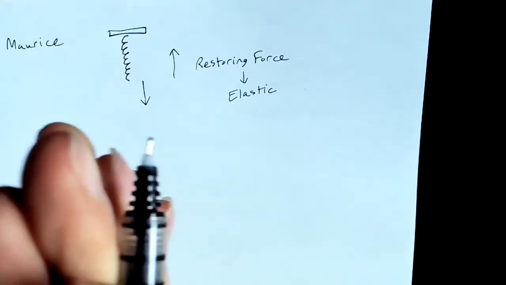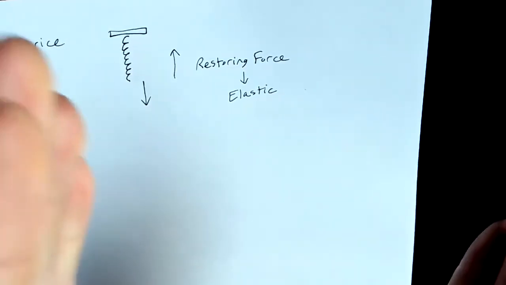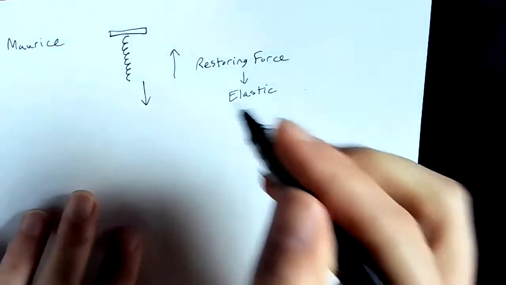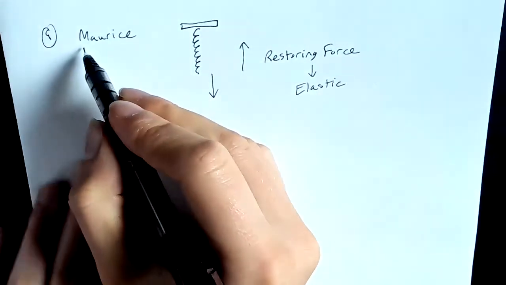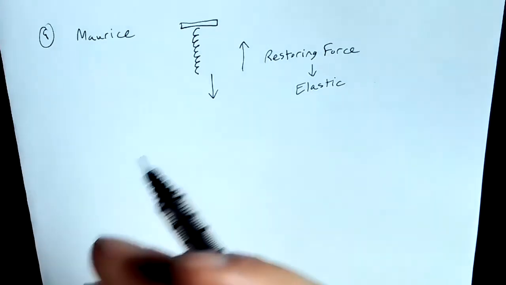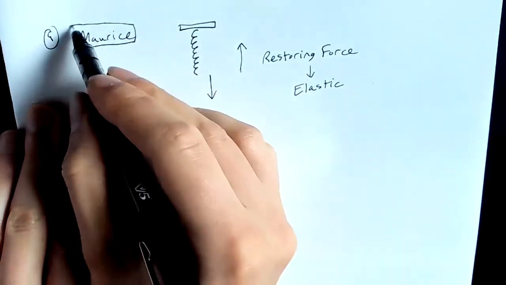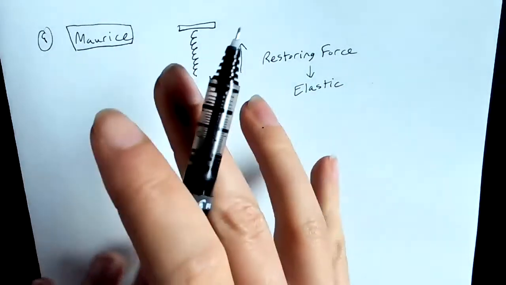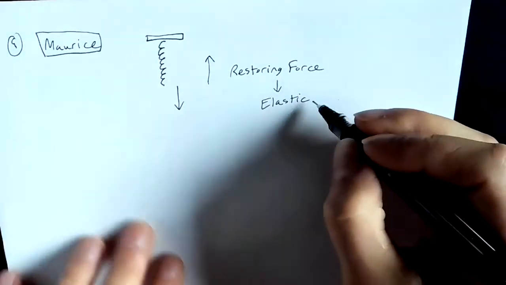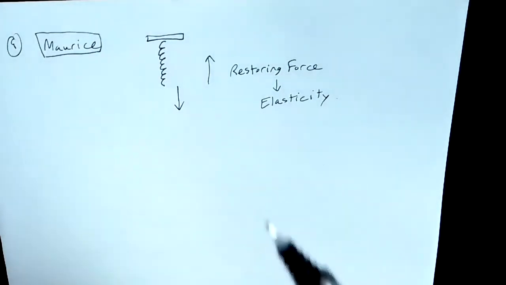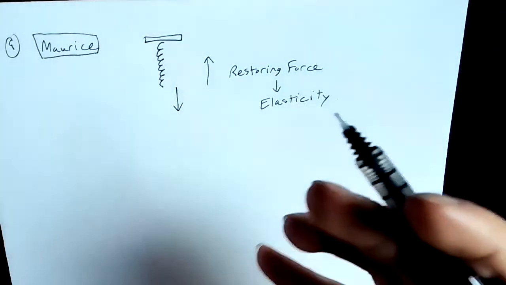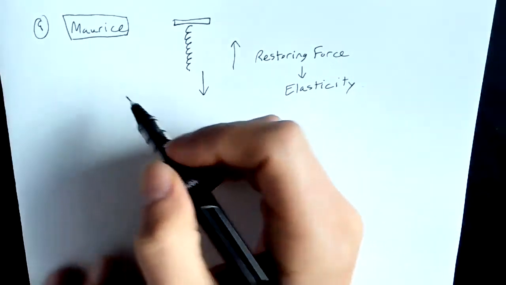If you compress something, it wants to go back to the original length, right? Go back to the lessons about a spring if this is still hard for you to understand, but the elasticity of the restoring force makes the spring go back to its original length.